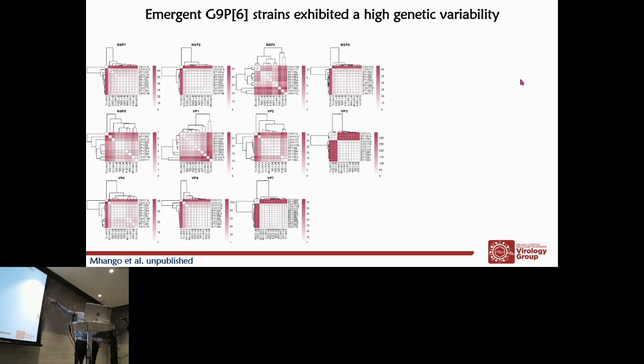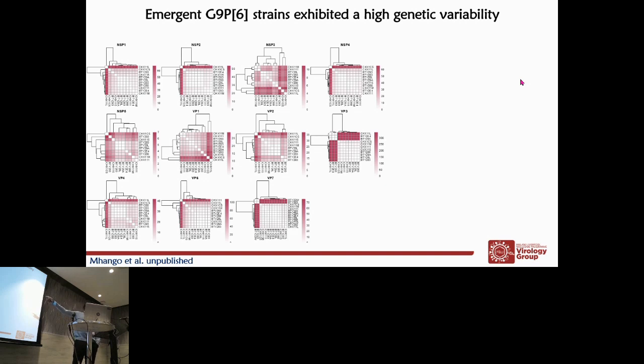When you look at this, you would appreciate that in some samples, you had the SNPs going as high as 300 SNPs between the different samples that were circulating in that 4-year period. And this was very unusual because the evolutionary rate for rotaviruses, I think, is somewhere between 10 to the negative 3 and 10 to the negative 4, depending on the genome segment. And when you factor that in, we could not explain this.